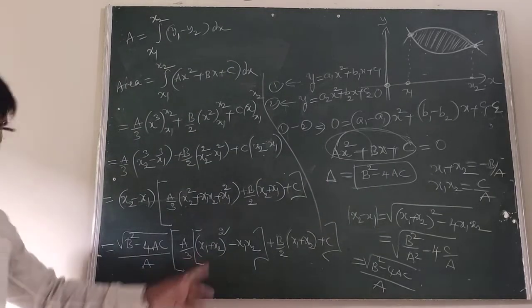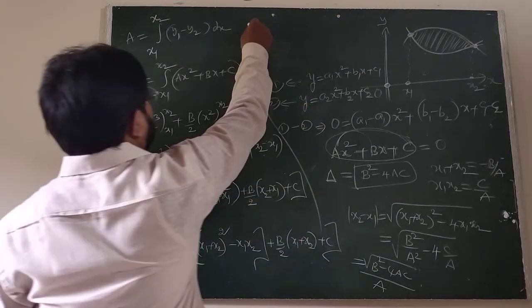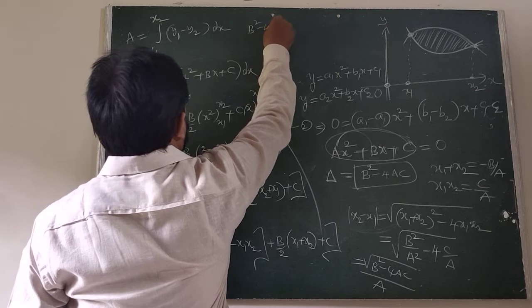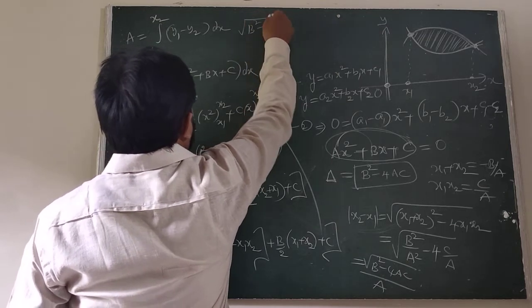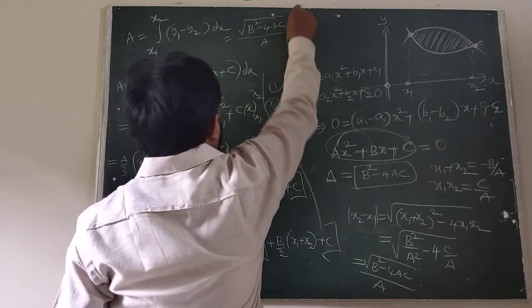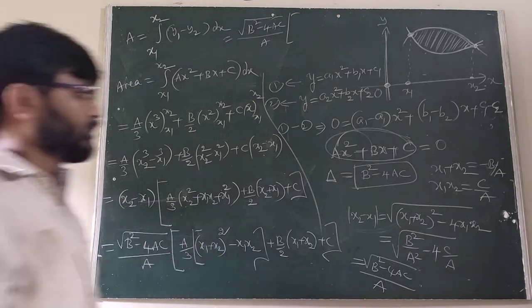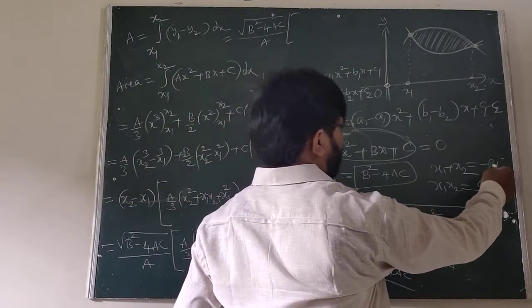For x1 plus x2, all of you just listen here. The square root of b² minus 4ac, by a, into x1 plus x2, which is minus b by a.